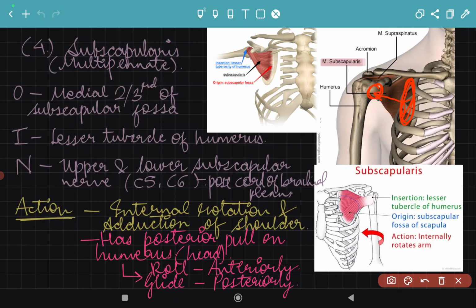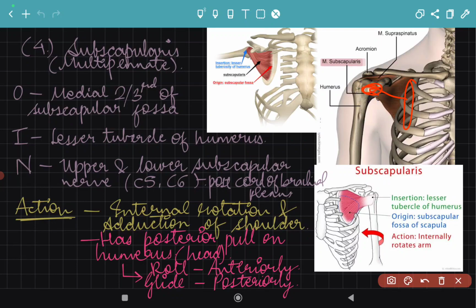All the other three rotator cuff muscles, supraspinatus, infraspinatus and teres minor, are present at the posterior part of the scapula, and they insert on the greater tubercle of the humerus, from the superior impression to the middle to the lowest impression. Only subscapularis is present anteriorly on the scapula, and it inserts on the lesser tubercle of the humerus.